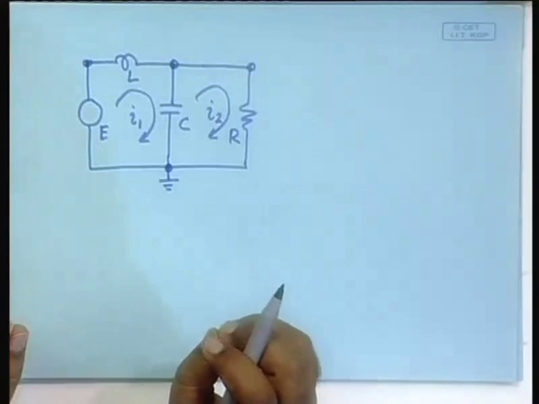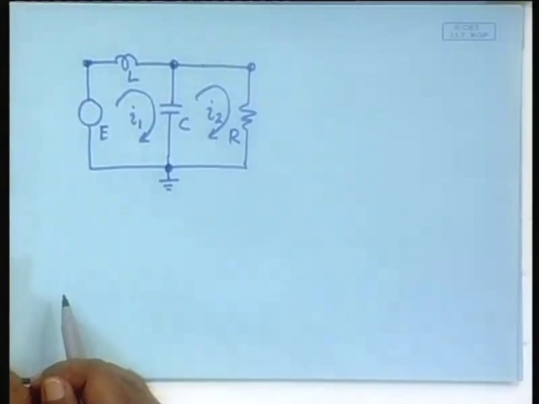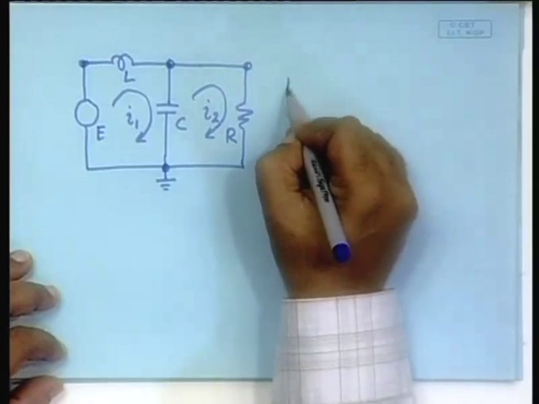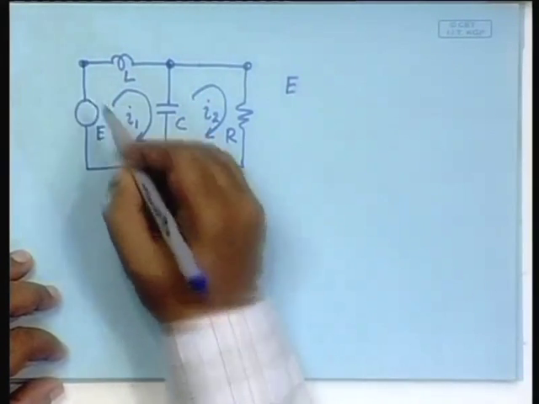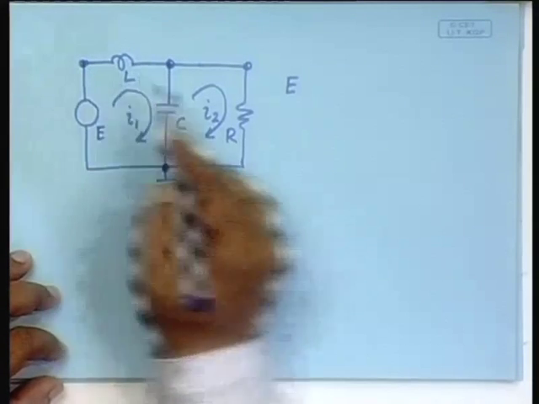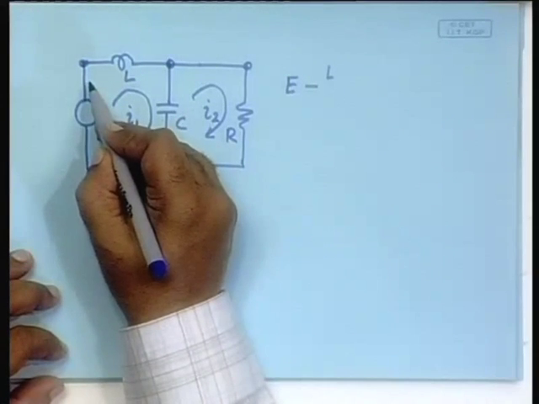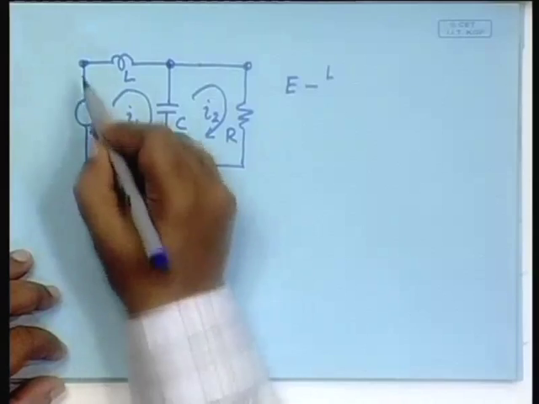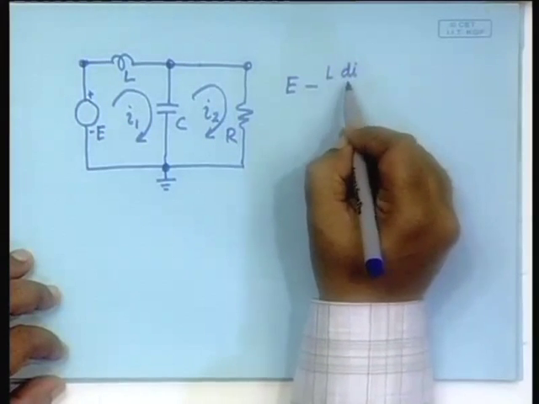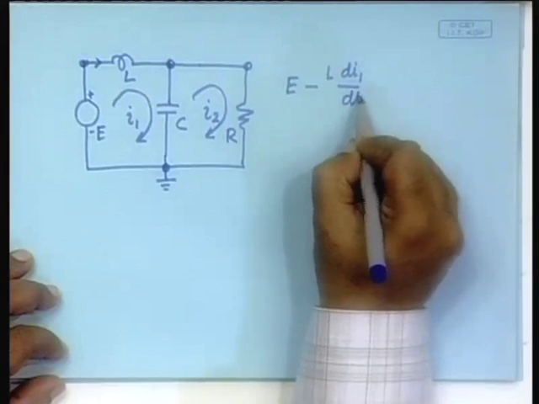First let us apply the voltage law, mesh current method we said. In the first loop the voltage law will look like E minus, here it is a voltage drop, L di dt, minus, this is a voltage rise. So, instantaneous polarities. So, this is a voltage rise, E minus L di 1 dt.